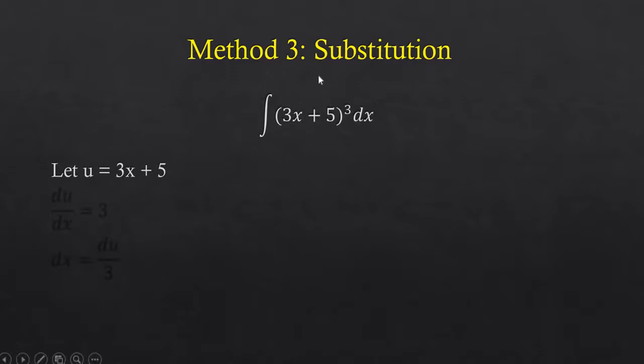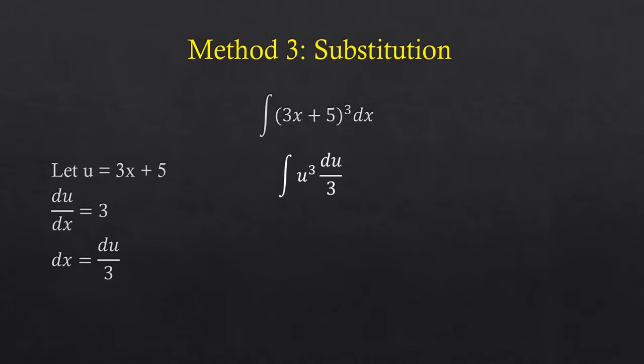Since we integrate in terms of u, the dx needs to change to du. How to get du? We differentiate u equal to 3x plus 5, and we get 3. We rearrange it, dx equals du over 3. Then we use this to substitute here. It's du over 3, and we get this.